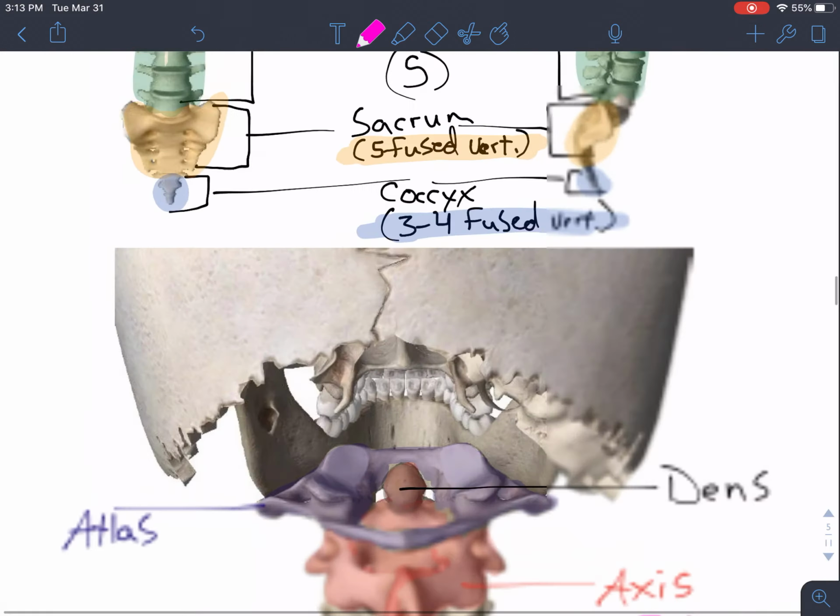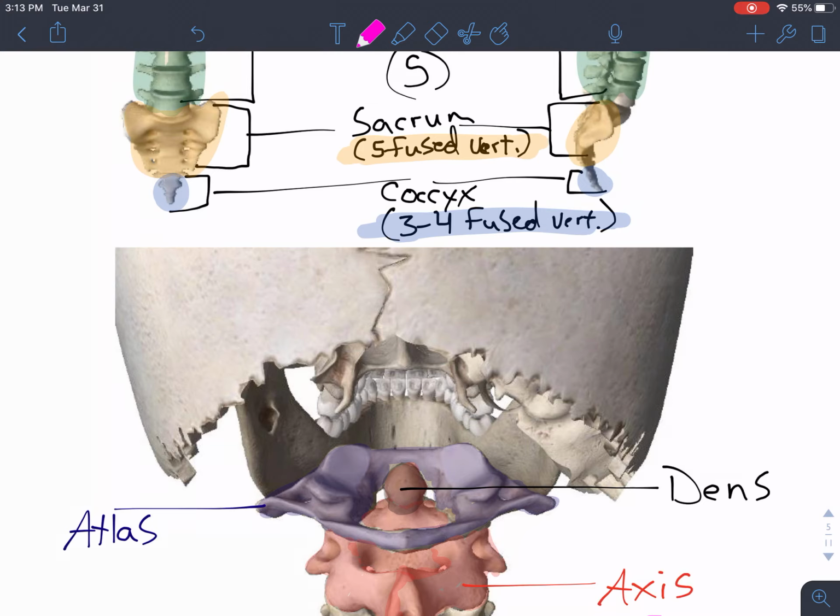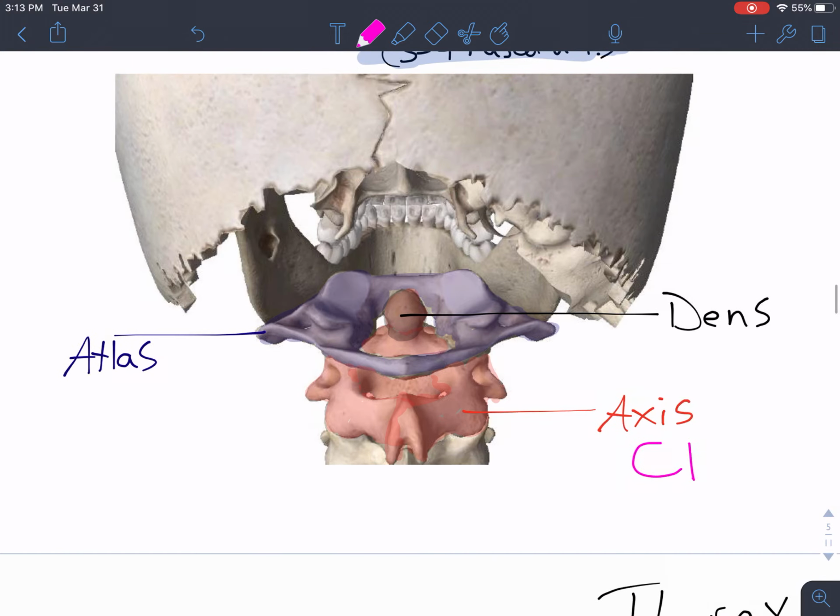So all vertebrae have a number, but your C1 and C2 are special. So they have special names. This isn't your C1. This is your C2. This is your C1. Cervical vertebra number 1 is atlas. Cervical vertebra number 2 is axis, and then your dens, part of your C2, is where they articulate.